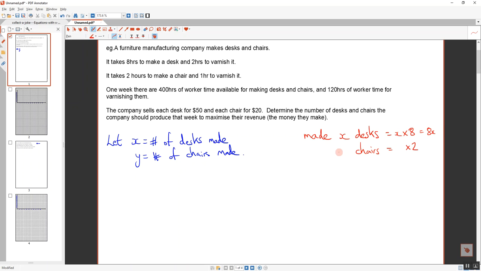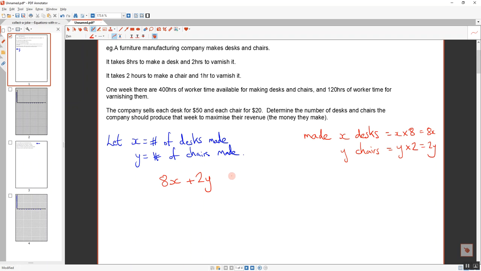If I make y chairs, it's going to be 2y. And that's exactly what I've got here. x is the number of desks, so if I make x desks, it's going to take me 8x, because it's 8 hours to make a desk, plus 2 hours to make each of the chairs.